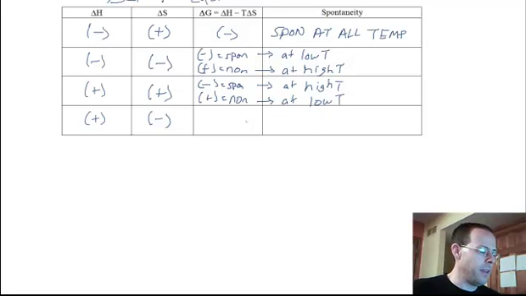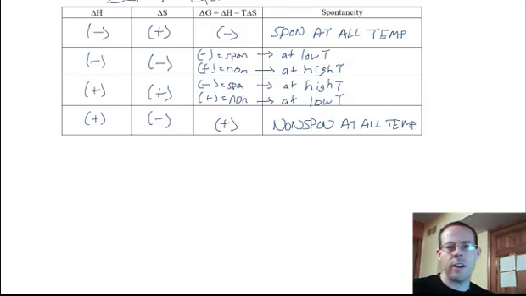And then lastly, if our delta H is positive and our delta S is negative, if we put it into our Gibbs free energy equation, it will always be a positive value. Or we can say that it's going to be non-spontaneous at all temperatures. All this is algebra.